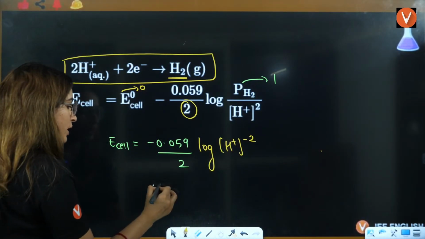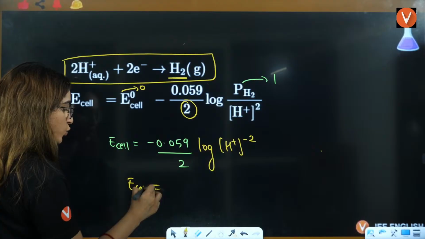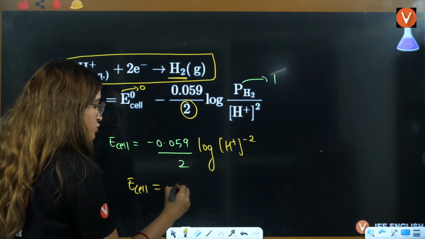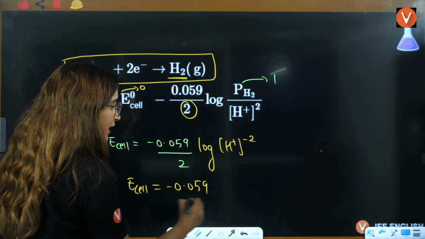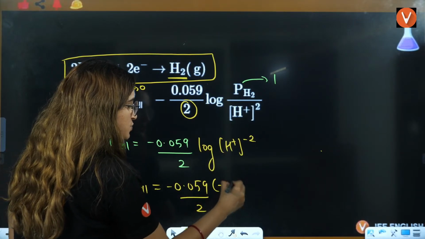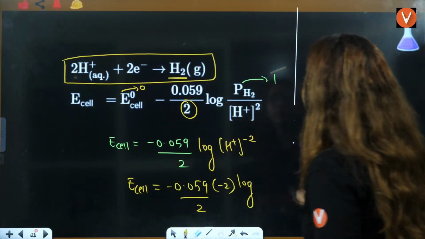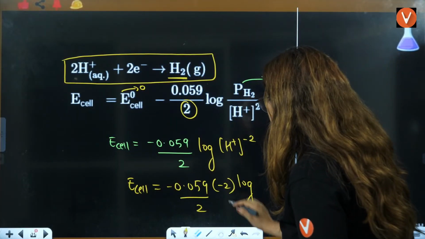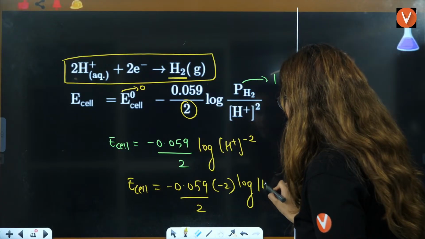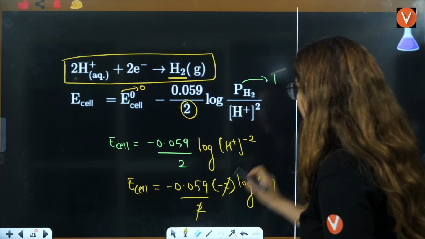Right? Now E naught value they are asking you, pH they have given to be 3. It will be minus 0.059 divided by 2. This will come here, this is minus 2 log. I have also solved the derivation for you directly. You can also do it this way. This will be H positive, 2 will cancel.